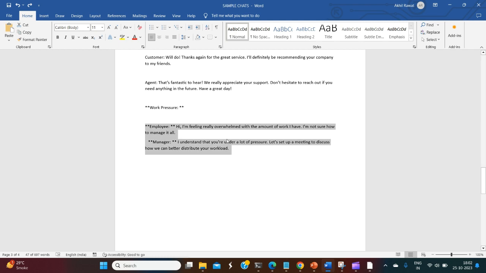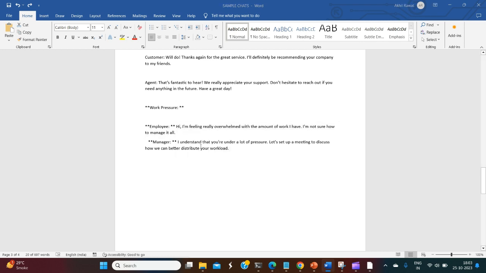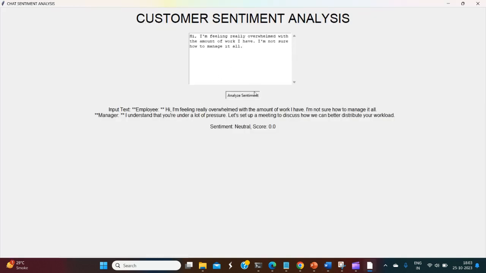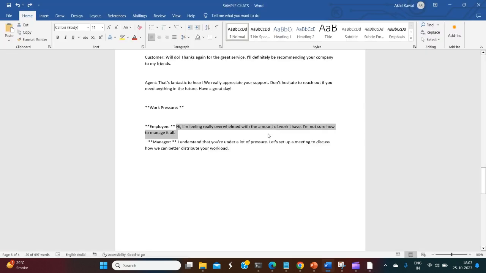So if we break it into two parts, let's see the first line of the employee, and we will see that we're analyzing the sentiment. It is giving a positive score. So overwhelmed and not sure doesn't mean negative. It gets a slightly lower score, but it gets the score of 0.10, and the sentiment is positive.